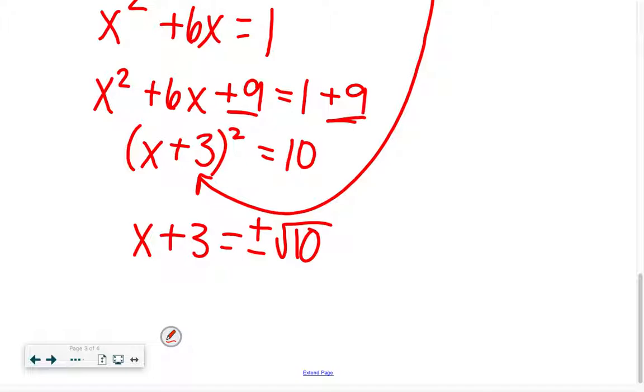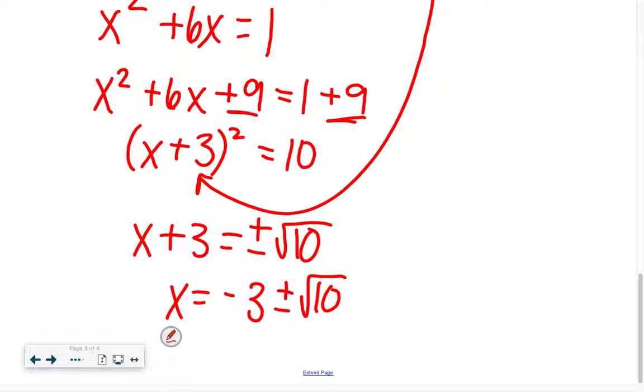Is the square root of 10 nice? No, I don't think so. If I want to get x by itself, what do I have to do with the 3? Subtract it. So I have x equals negative 3 plus or minus the square root of 10. You can leave your answers like that.